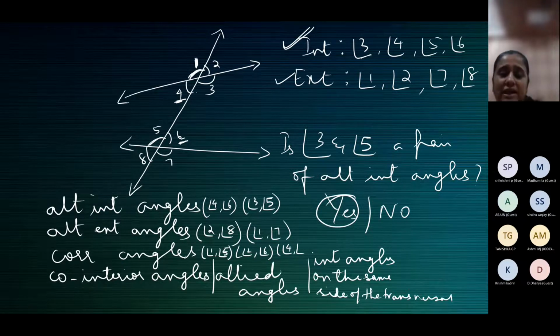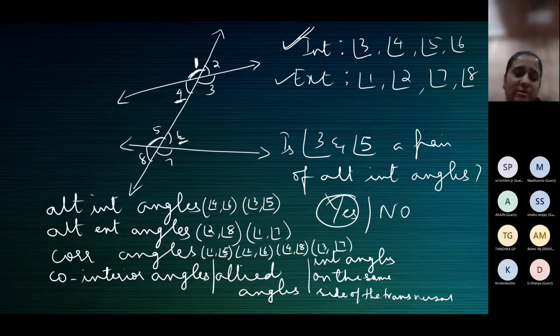Angle 4 and 8, because they lie on the same side of the transversal, and 4 is an interior angle while 8 is an exterior angle. Then one more pair. 3 and 7, ma'am. 3 is an interior angle, 7 is an exterior angle, and they lie on the same side of the transversal. These are corresponding angles.